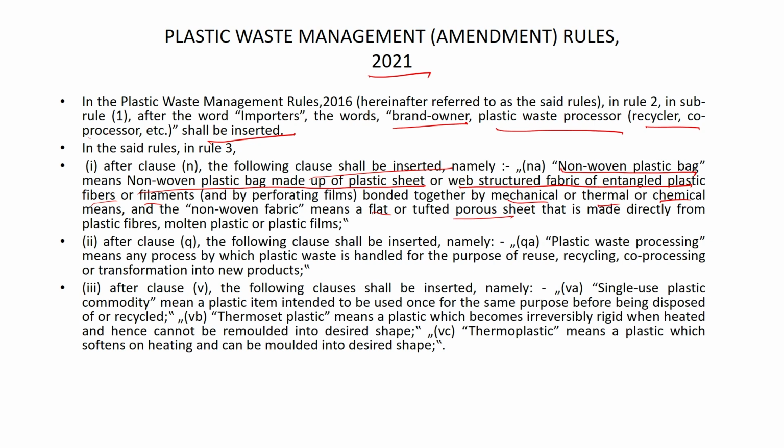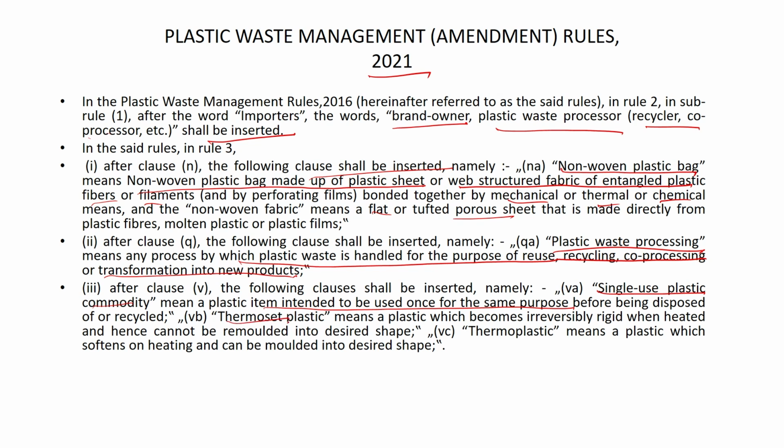After clause Q, the following clause is inserted, which is plastic waste processing. It means a process by which plastic waste is handled for the purpose of recycling, reusing, co-processing or transformation into new products. The following clauses have been inserted, which is single-use plastic commodity, which means a plastic item intended to be used once for the same purpose before being disposed of or recycled.